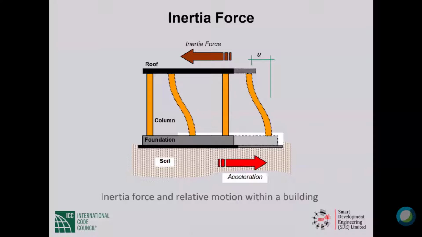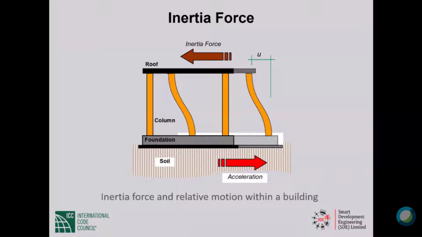The very first thing is, when an earthquake moves the foundation from underneath the structure, which is what an earthquake does, the foundation all of a sudden starts moving every which way. It just doesn't move left to right or front to back.